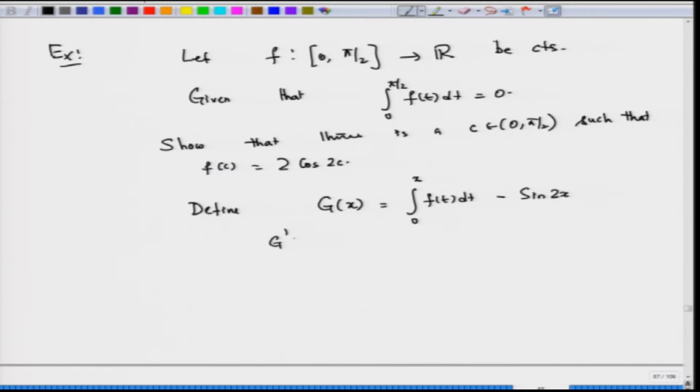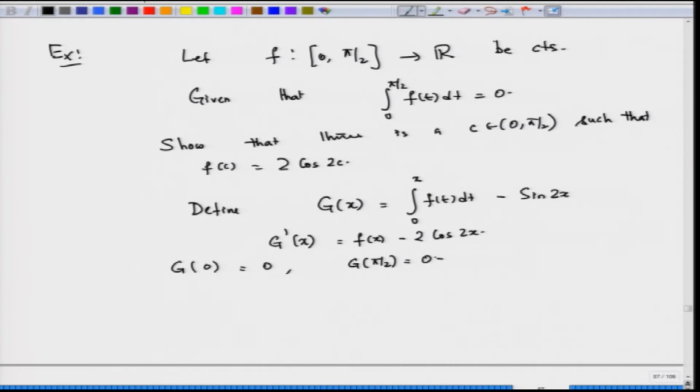So I take g prime of x, which is equal to f(x) minus 2 cos 2x. Now, as you can see, g(0) is equal to the integral from 0 to 0, which is 0, minus sin 0, which is 0. g(pi by 2) is equal to the integral from 0 to pi by 2 of f(t) dt, which is given to us to be 0.